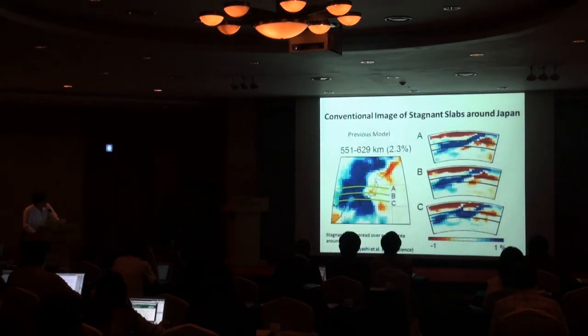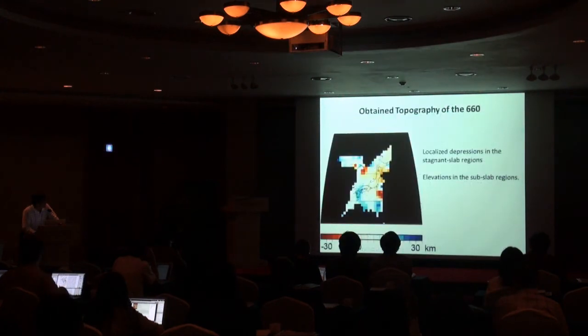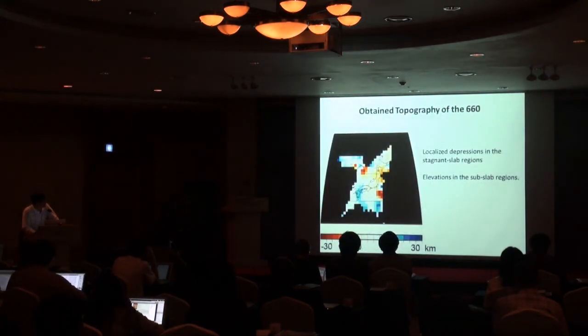And the horizontal extent of the high velocity anomalies is very wide in the mid-transition zone, and it is more pronounced in the conventional model, but the obtained topography shows very localized depression.